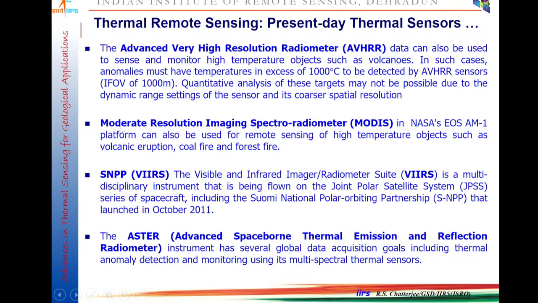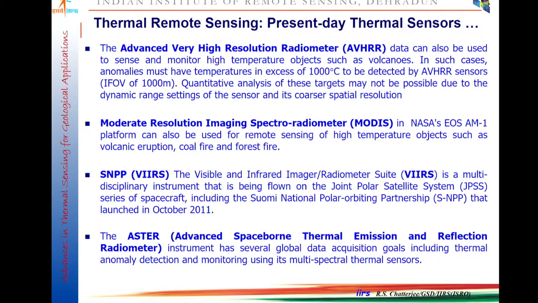Now going to MODIS, the Moderate Resolution Imaging Spectroradiometer, under the US mission. This is much better than AVHRR, but here also the spatial resolution is 1 kilometer. In MODIS, you have Terra MODIS and Aqua MODIS. Terra MODIS is for thermal sensing of land, and Aqua MODIS for water bodies.